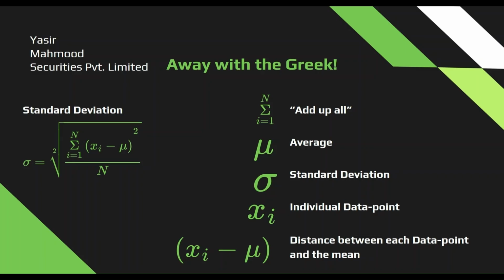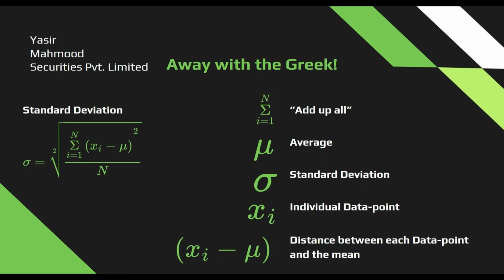Now for each of these observations, what we need to do is see their distance from the mean or the average, which brings us to the third symbol, which is mu. You might think that this is quite familiar because it looks like the uTorrent symbol, and that's true. So this mu basically is a representation of the average.